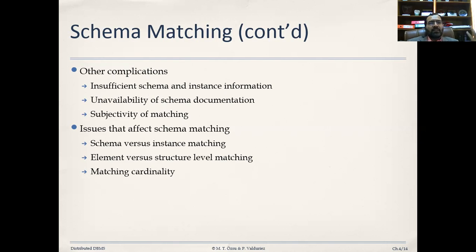Element versus structural level: take a particular element or a value, or take the complete structure. When I say structure, it means the complete representation. For example, a table can be the representation. And then cardinality matching: how many times that entity is represented in the semester cell, and how many times when it is matched to the entity in the enrollment.